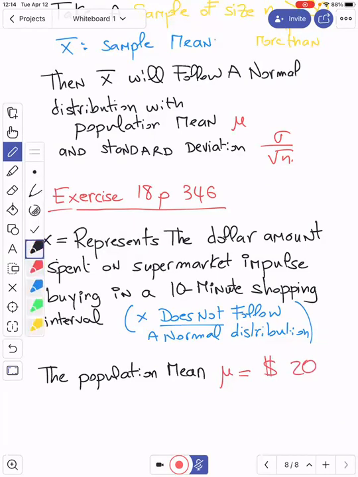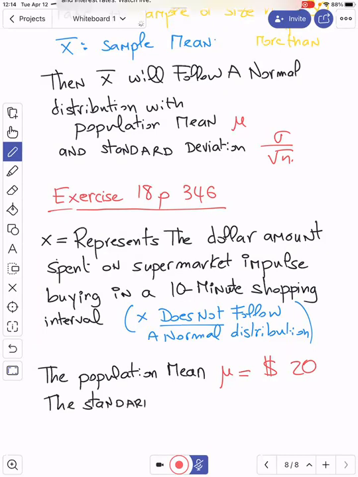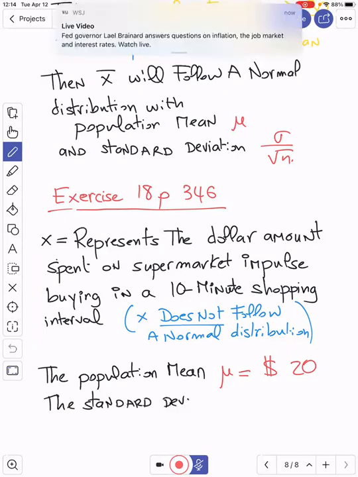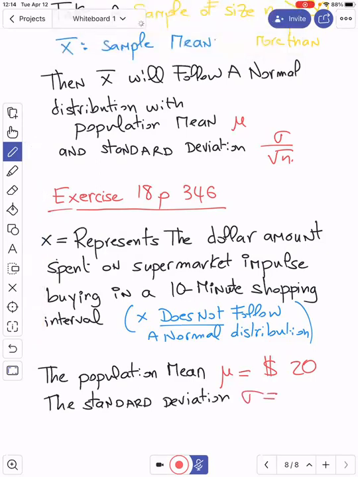Okay, and so that's the average. And then the standard deviation is sigma. Sigma is actually $7, right?